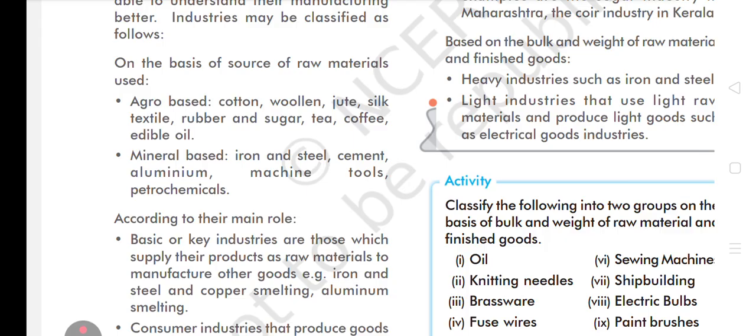Then mineral based industry: iron, steel, cement, aluminium, machine, tools, and petrochemicals. These come under mineral based industries, because iron, steel, aluminium, machine, tools, these all are minerals only. Petrochemicals are minerals. Then machines and tools are made from minerals only. What are minerals? Iron, and these all are made from metals, isn't it?